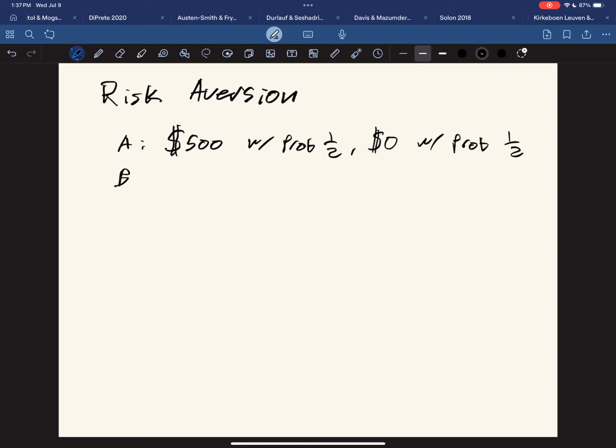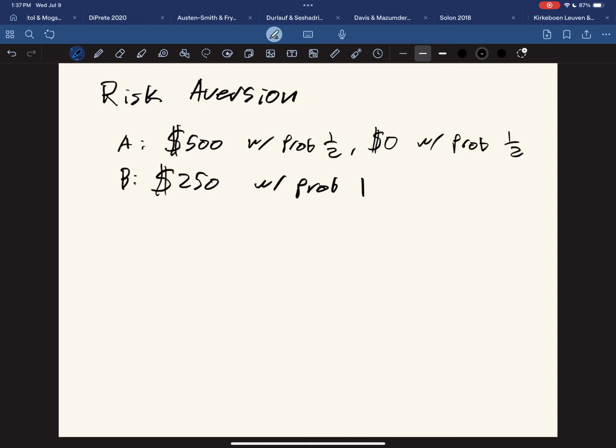So there's a 50% chance you win $500 and a 50% chance you win $0. And Lottery B, you get $250 with probability 1, right? So stop right now and ask yourself, which one would you prefer? Do you want a 50% chance to win $500 or a guaranteed $250?